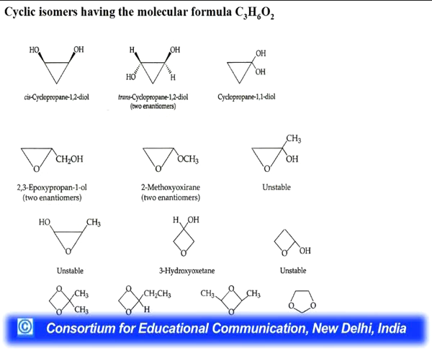These are the cyclic isomers for the molecular formula C3H6O2. First one is cis-cyclopropane-1,2-diol.